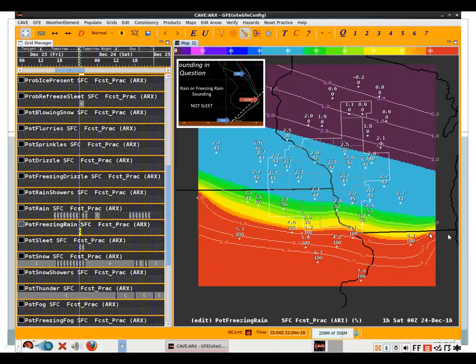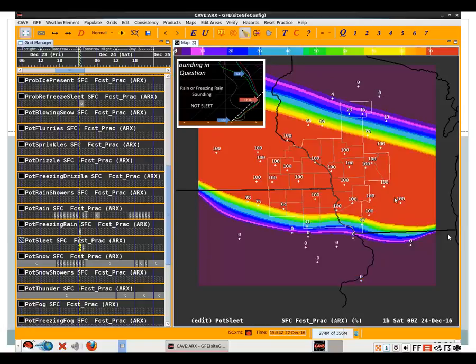That's where you're seeing that freezing rain probability go to 100%, all warmer than 4 Celsius. And then to the north of that, in the 2.5 to 3 degree range, you notice you're having lower probabilities of freezing rain because you're just starting to pick up that curve of the freezing rain. And sleet, really high on this one.